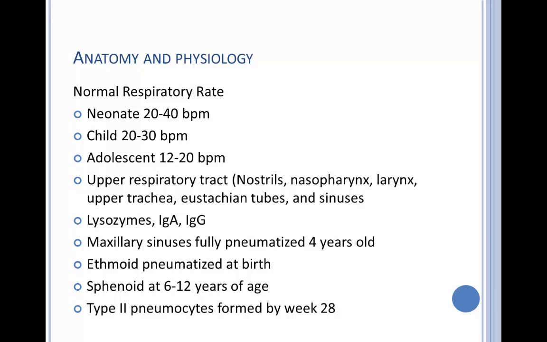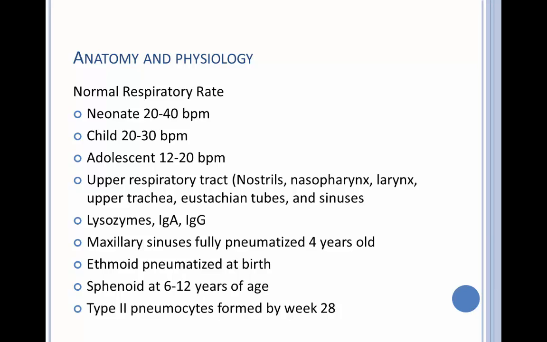Tachypnea, for example, in a patient at a rate of greater than 60 is an ominous sign of respiratory muscle fatigue. Bradypnea, as well, in any patient is a sign of central nervous system impairment, but in addition, respiratory distress and hypoxemia.